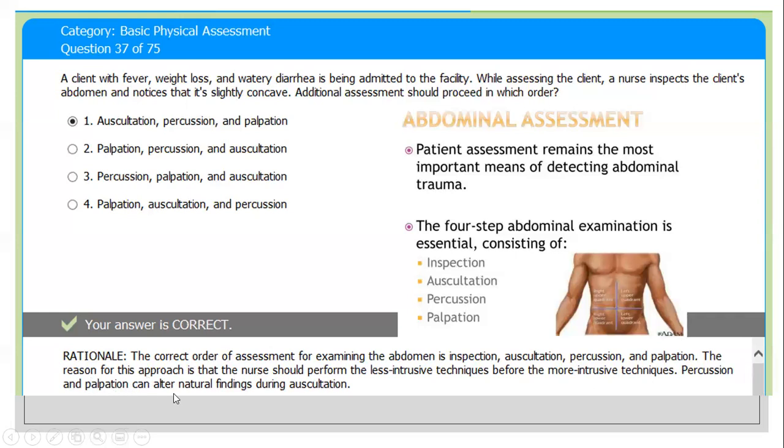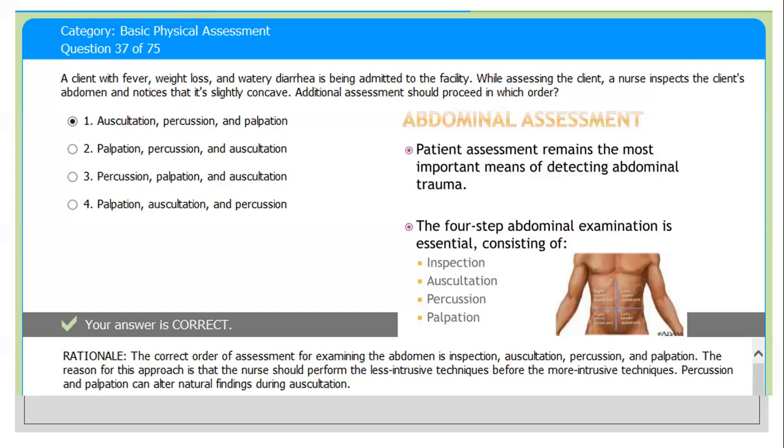Percussion and palpation can alter natural findings during auscultation. So patient assessment remains the most important means to detect abdominal trauma. The major purpose of the abdominal exam is to get more information that could indicate what is causing the patient's symptoms.